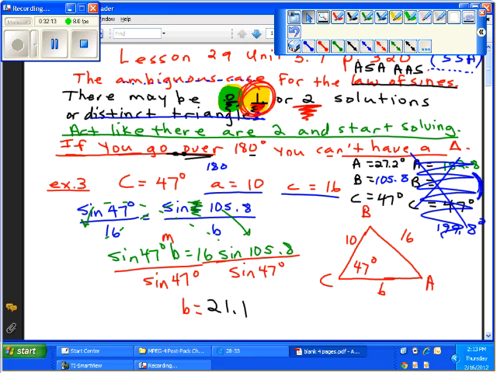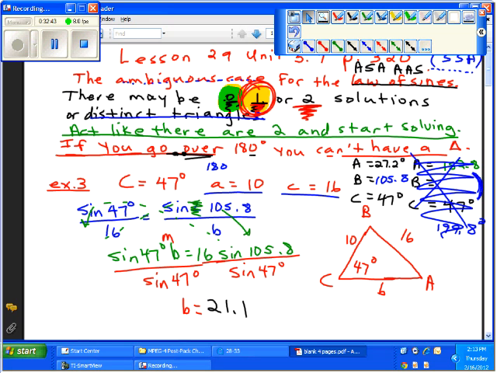And so on example 1, we went over 180 on the first try, so we said, well, there's no possible triangles. On example 2, we did not go over 180, but when we went to find our second choice by taking 90 minus the first one, our second choice was identical to our first choice, which left us with just one distinct triangle.